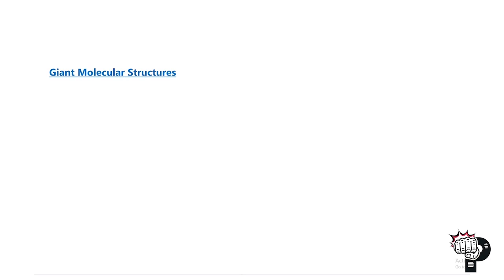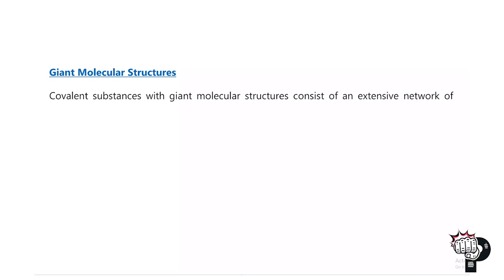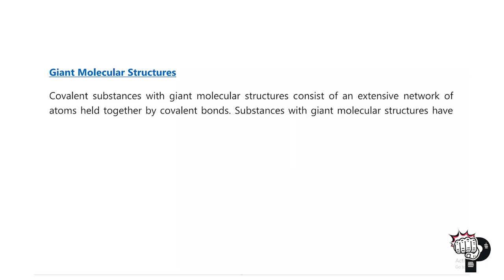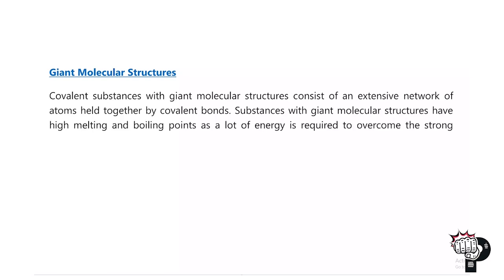Let us switch gears a bit and look at giant molecular structures. These are still covalent compounds. Covalent substances with giant molecular structures consist of an extensive network of atoms held together by covalent bonds. Substances with giant molecular structures have high melting and boiling points, as a lot of energy is required to overcome the strong covalent bonds between the atoms.